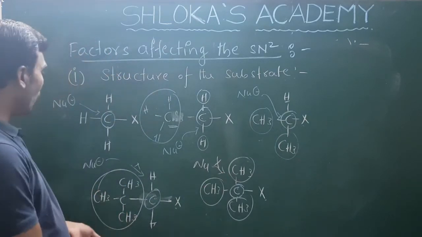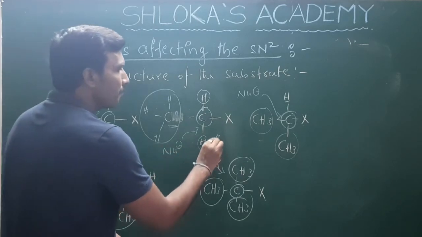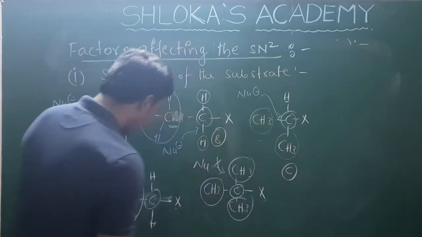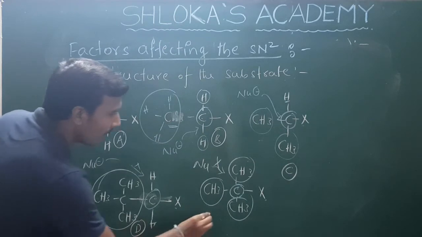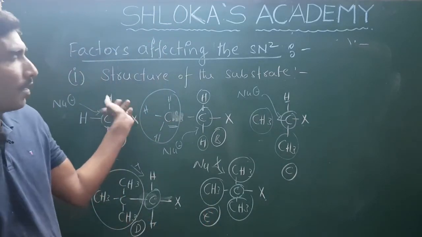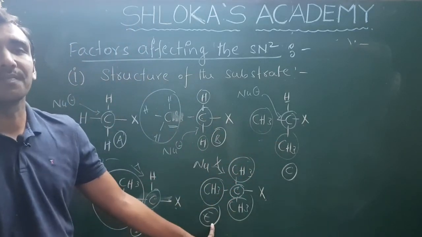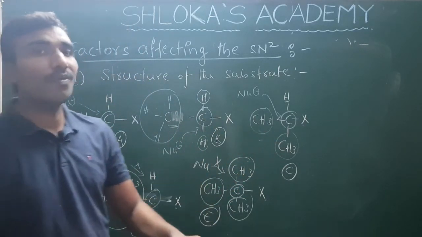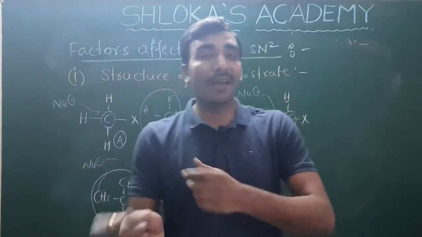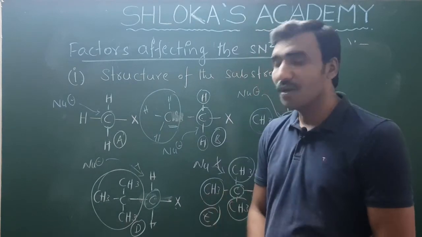Now if I label all these as A, B, C, D and E, what is the reaction order? A is greater than B, greater than C, greater than D, greater than E. So this is how the structure of the substrate can affect the reactivity towards the SN2 mechanism.